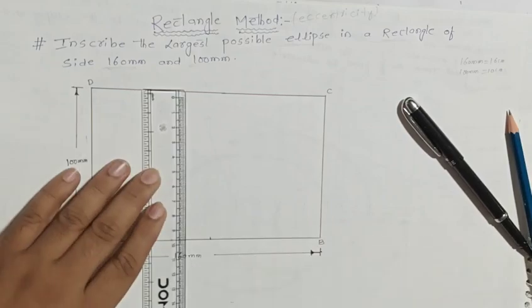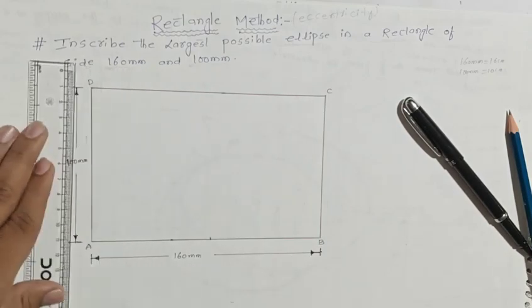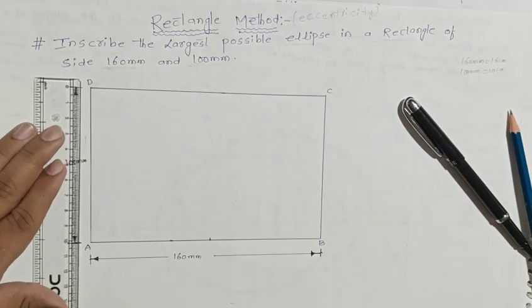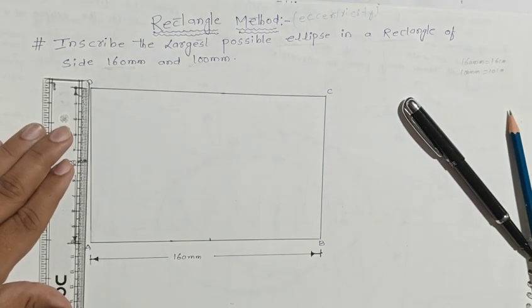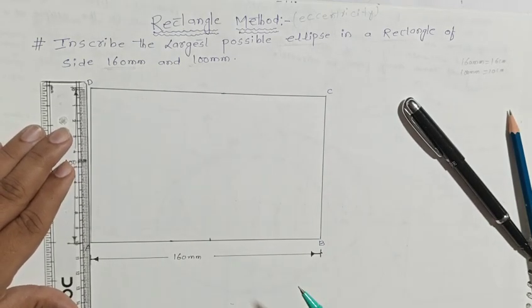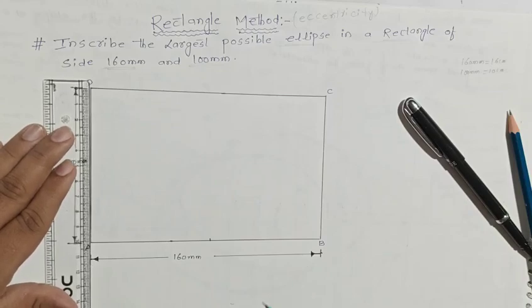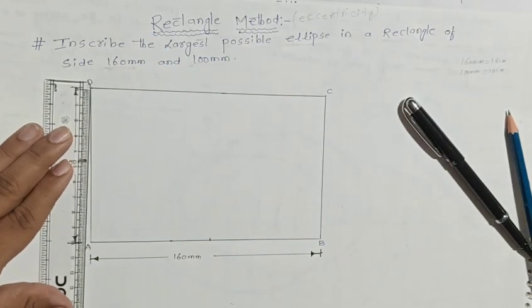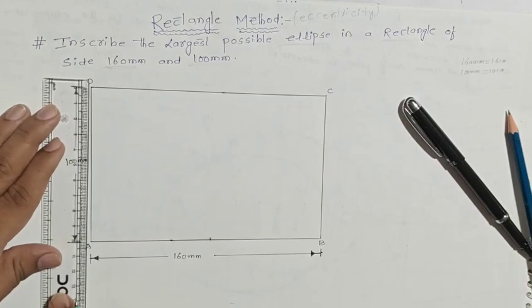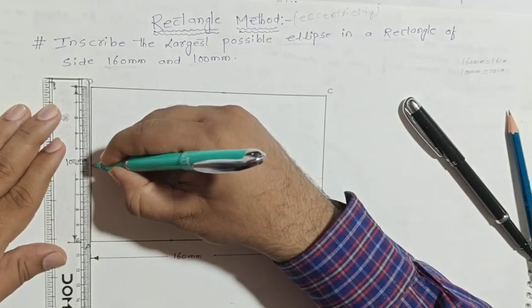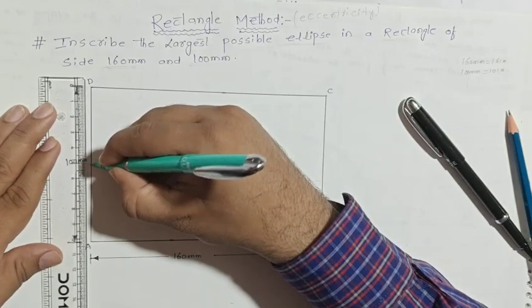We know that from A to D is 100 mm. The half or median point should be 50 mm.